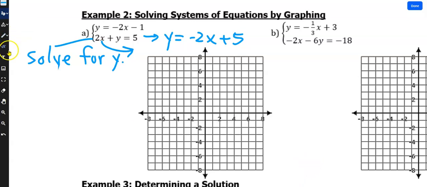And then the other one is already solved for y, and so we come up 5 and plot our first dot. And the slope is negative 2 over 1. As a reminder, negative 2 over 1 would be down 2, right 1. So down 2, right 1, and so forth.